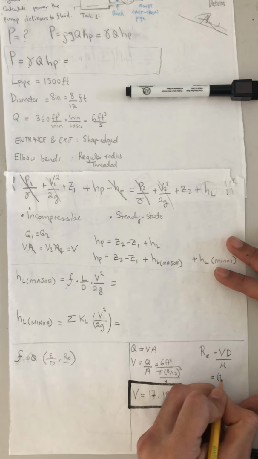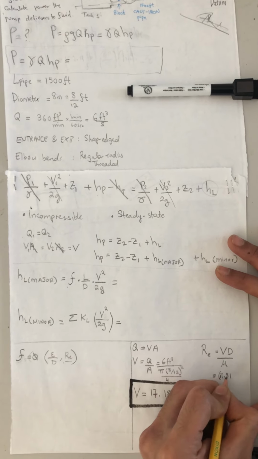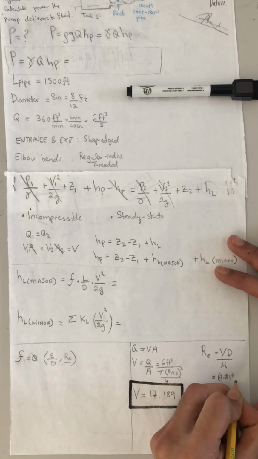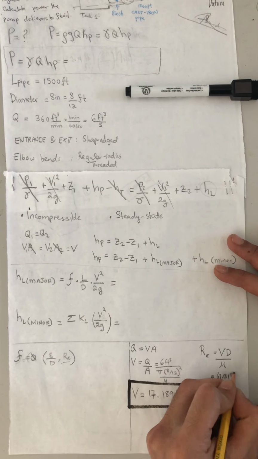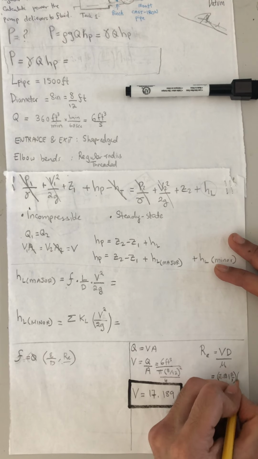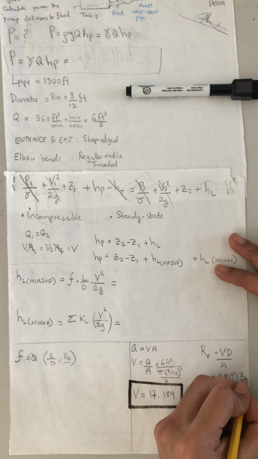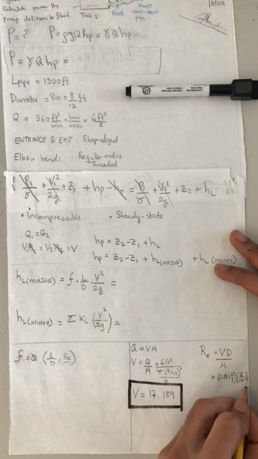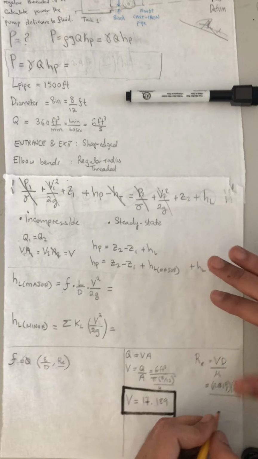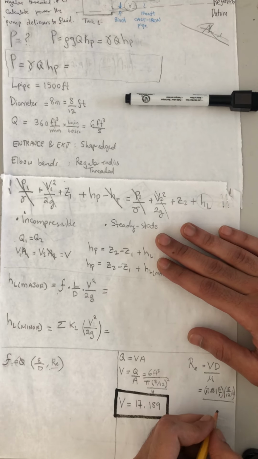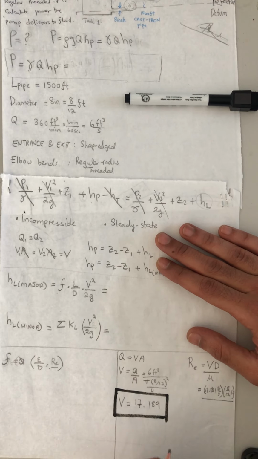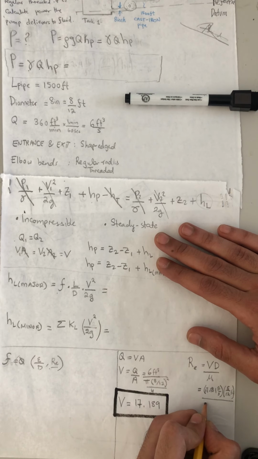Our velocity is 17.189 feet per second times the diameter, also in feet, over our kinematic viscosity found in the table.